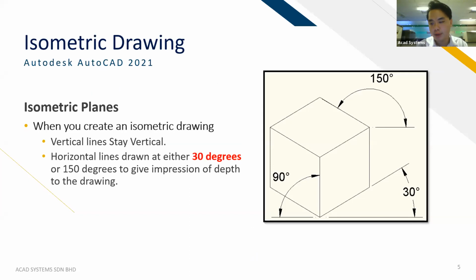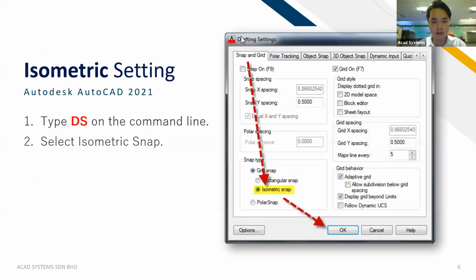And isometric planes are one of the important things in the isometric drawing, because when you create an isometric drawing, its vertical lines will always stay vertical, but the horizontal lines are drawn at either 30 degrees or 150 degrees. This is to give a very good impression of depth to the drawing.